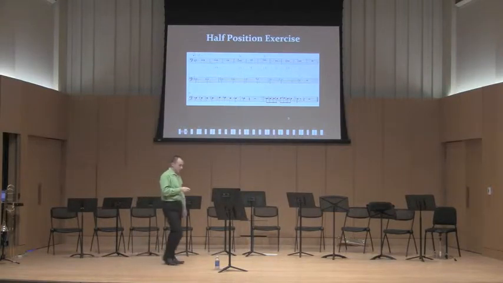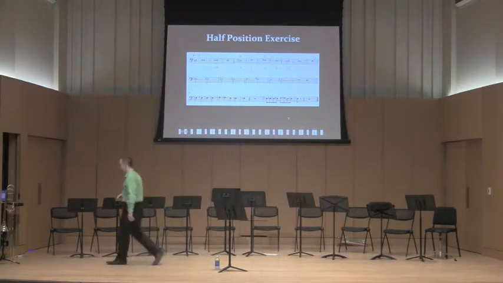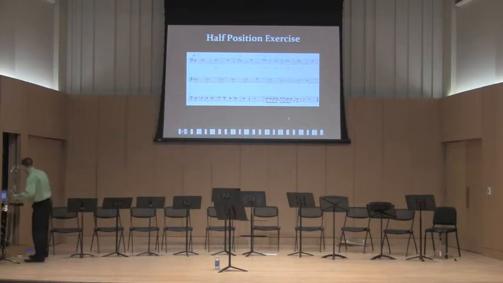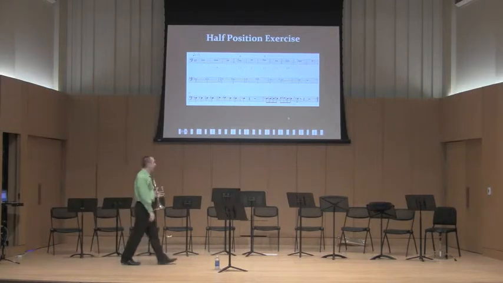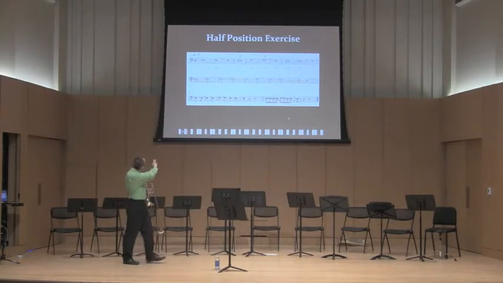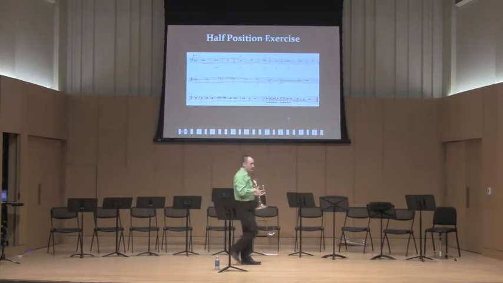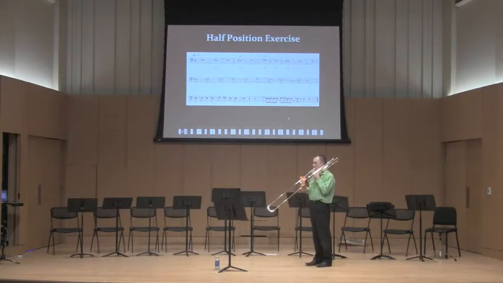So basically what we're talking about are locations on the slide that are essentially halfway in between. So the first 5 notes of this particular exercise go up in half positions.